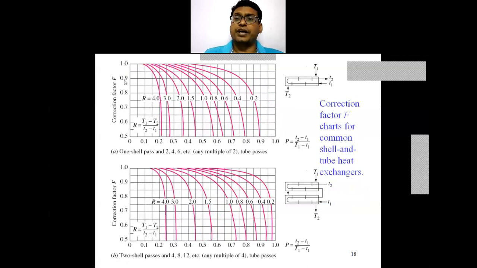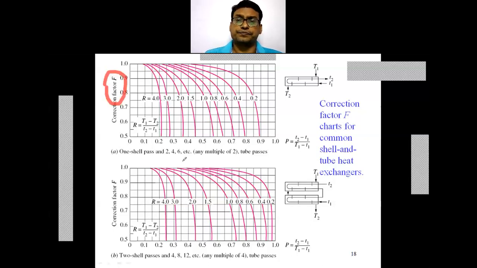So all these graphs represent the correction factor values on the y-axis. R values are there and these are S or P values. So the graph is plotted between the correction factor F and the S values, and for different values of R, I will get a curve like this.